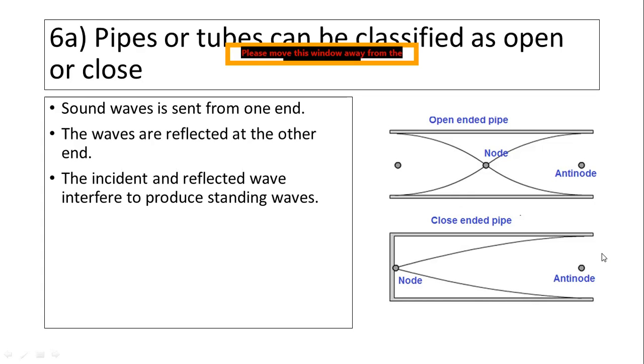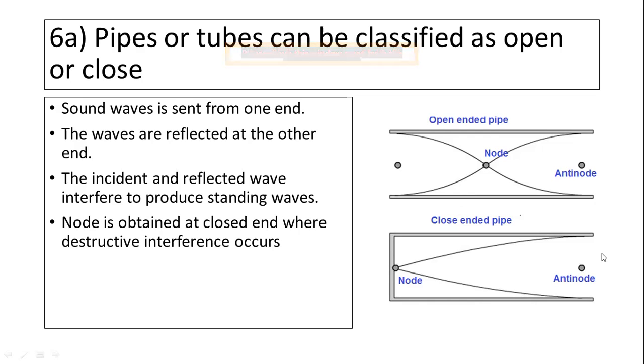Incident and reflected wave interfere to produce standing wave. Important: we produce standing wave by two progressive waves, one incident, one reflected. They interfere constructively, then we hear a loud sound. Note, a node is obtained at the closed end where destructive interference occurs. Closed end, node. Just remember that.